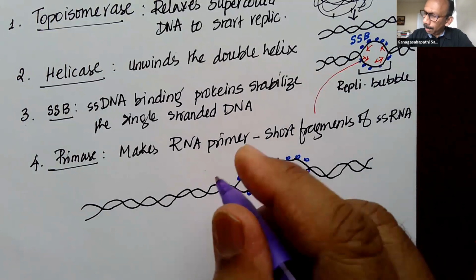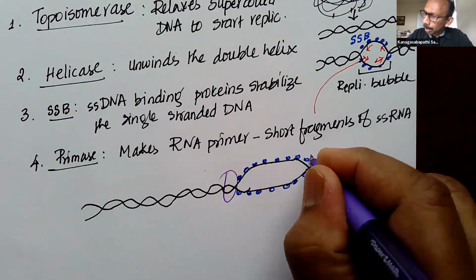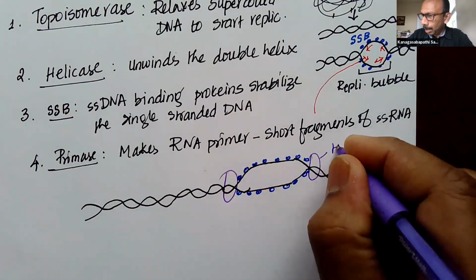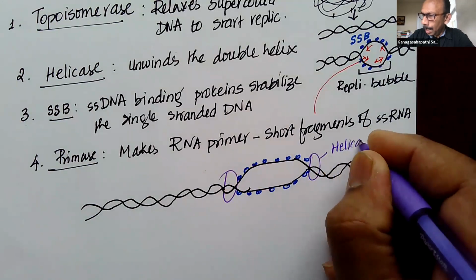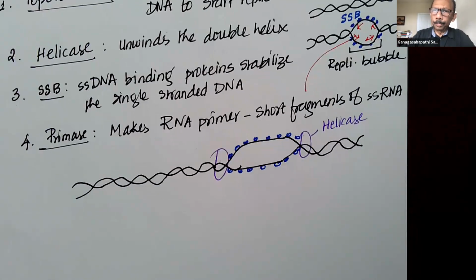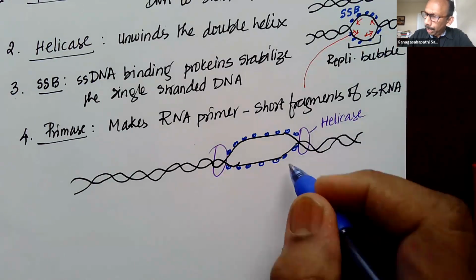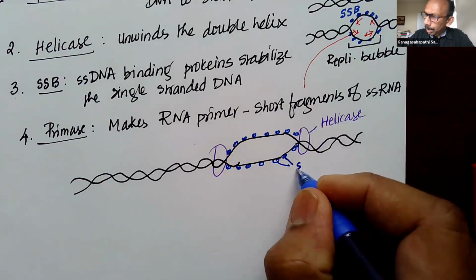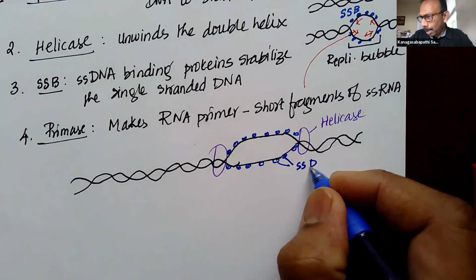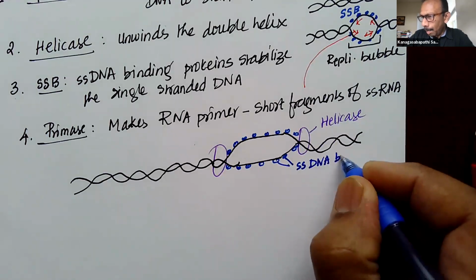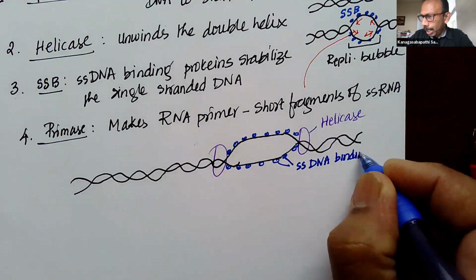So I'm going to label everything here. So that is the helicase, and the blue ones are the single-stranded DNA binding proteins.